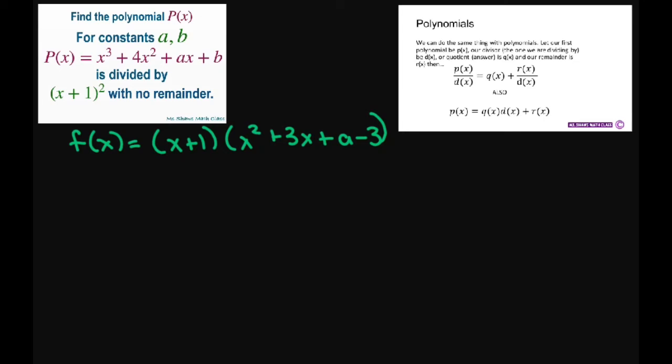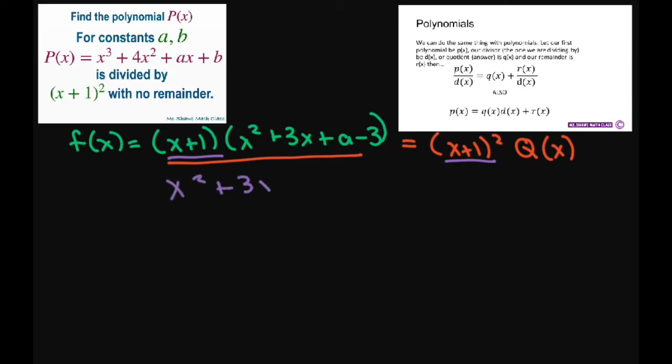And we also have the fact that this part here equals x plus 1 squared times q of x. Now, if you divide both sides by x plus 1, we get x squared plus 3x plus a minus 3 equals x plus 1 times q of x. Because I eliminated this, I just divided, and this goes down to 1.